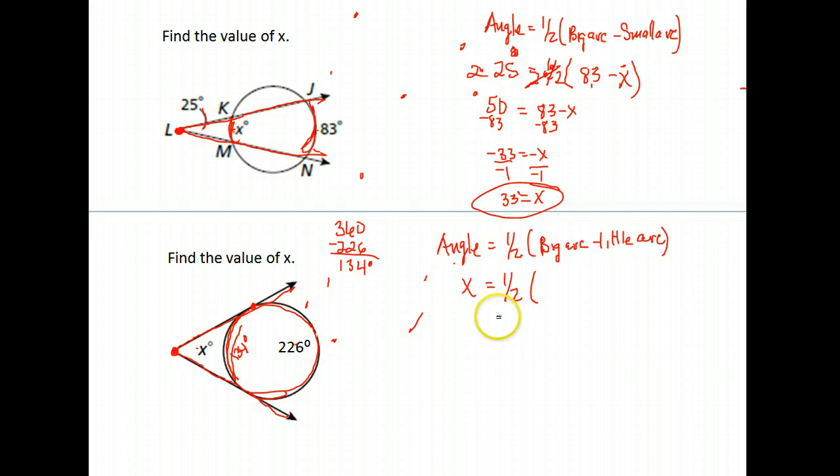The bigger arc was 226, minus the little arc. What's the little arc? It is 134. We figured that out. Now we just have to do the math. So we take 226 minus 134, which gives us 92, and divide by 2. So we were able to find that x is 46 degrees.